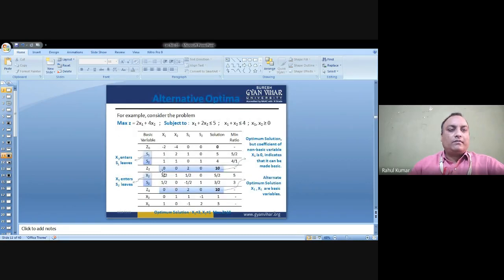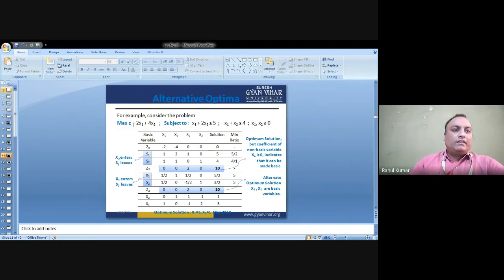It is subjected to constraints x1 plus 2x2 less than or equal to 5 and x1 plus x2 less than or equal to 4. Here x1 and x2 are greater than or equal to 0. For the basic variables x1, x2 and s1, s2, then put the values of all variables here.